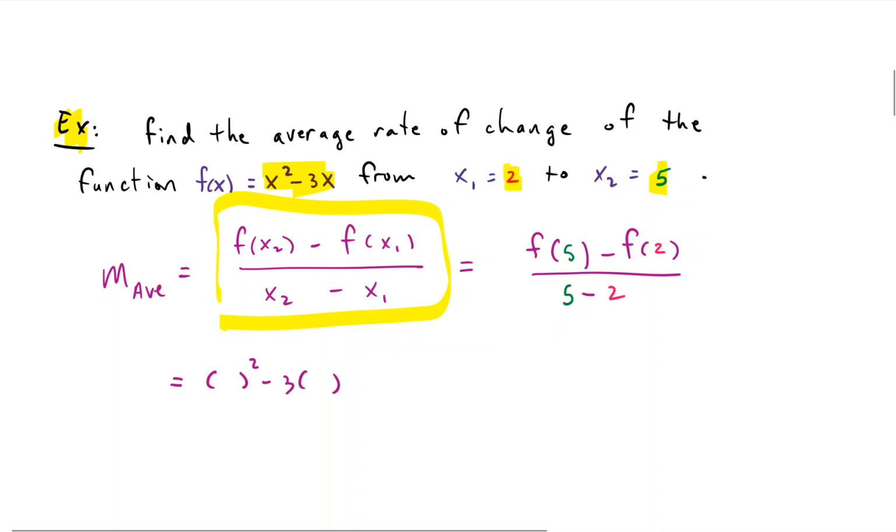And that something is a 5. And we will subtract that from f of x1. So we will have something squared again, minus 3 times something. And this time that something is 2. And this is all over 5 minus 2.